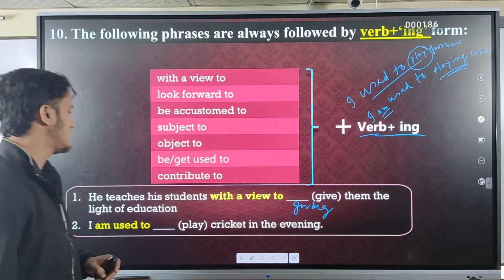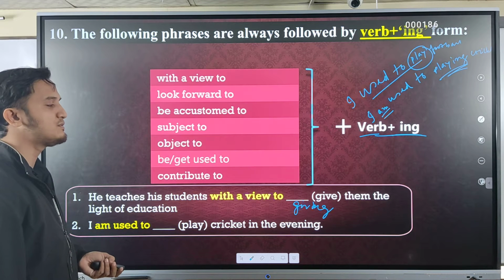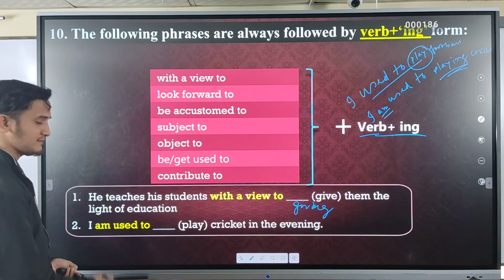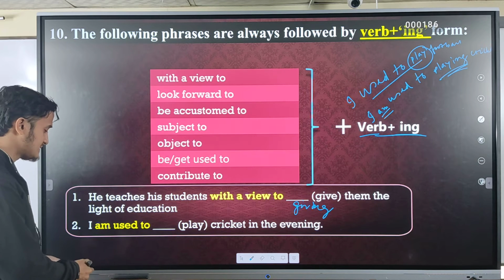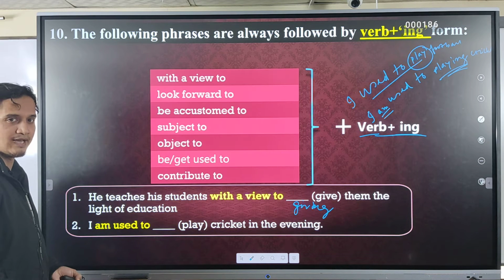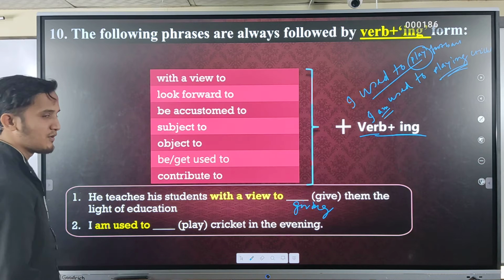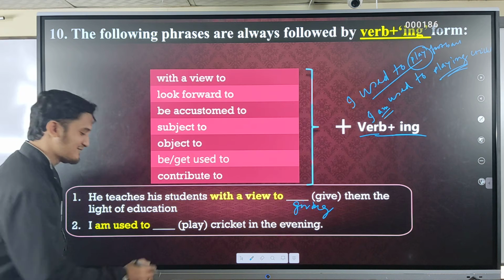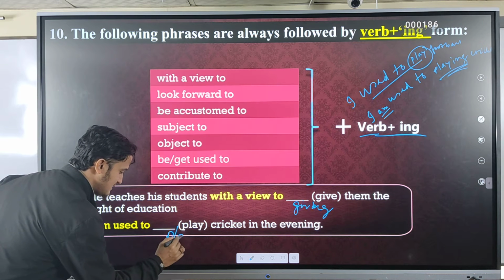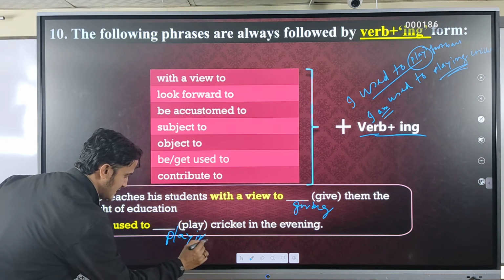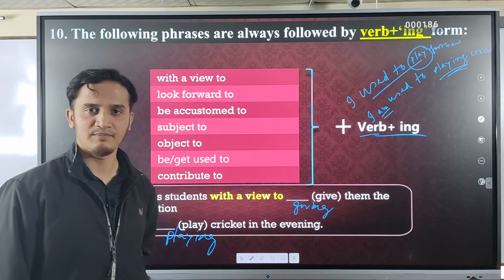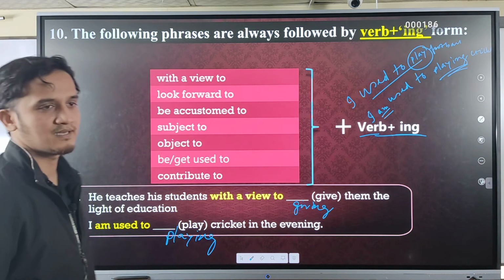That means he teaches his students with a view to giving them the light of education. Similarly, the following sentence, I am used to. What can you write? I know it now. We can write playing cricket in the evening. I am used to playing cricket in the evening.